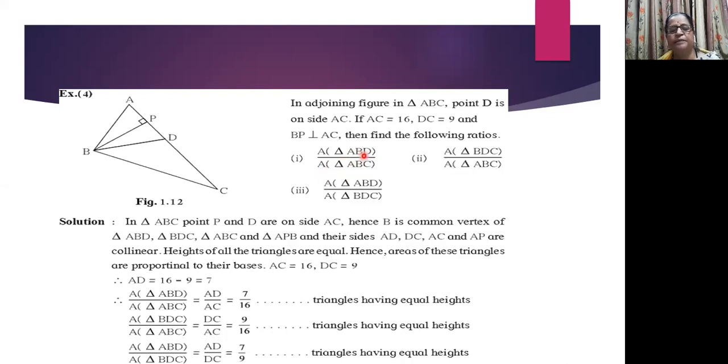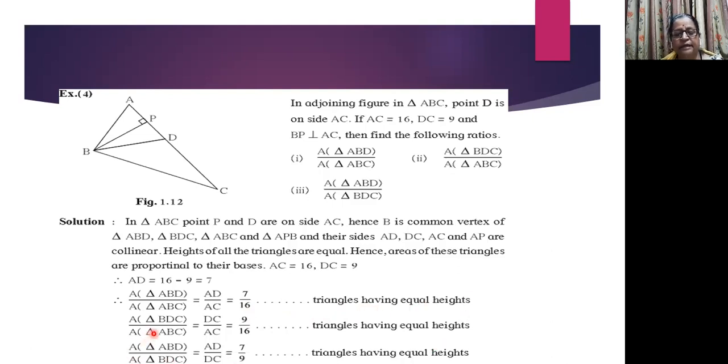See here, ABD and another triangle ABC. Here BP is the same height. The area of triangle ABD has base AD, and the area of triangle ABC has base AC. AD's value is 7 and AC's value is 16. The triangles have equal height.